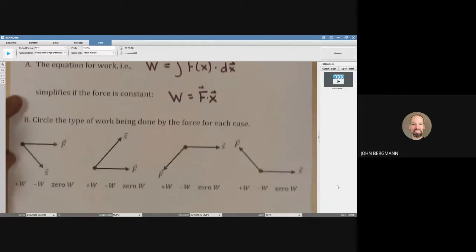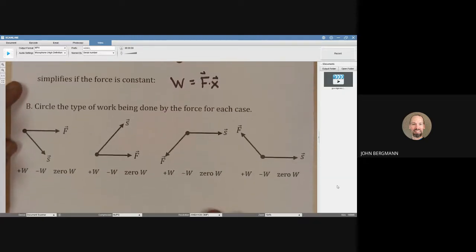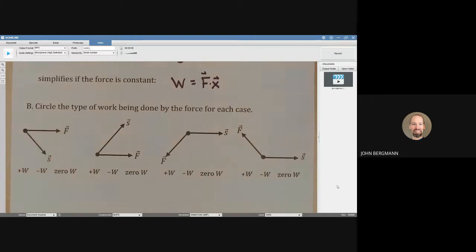So let's figure out what type of work is being done for each of the cases shown here. To help with this, I'm going to take that force and break it into its two components, one of which is parallel to the displacement and one of which is perpendicular to the displacement.